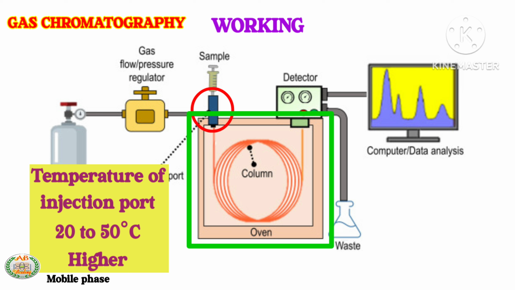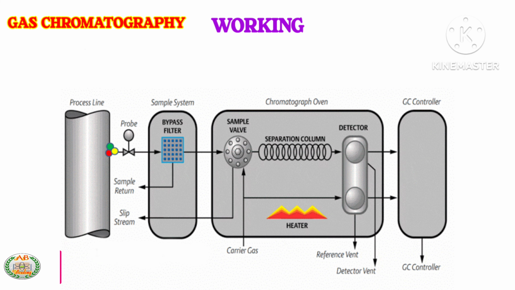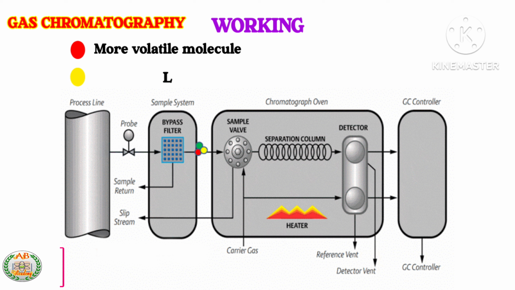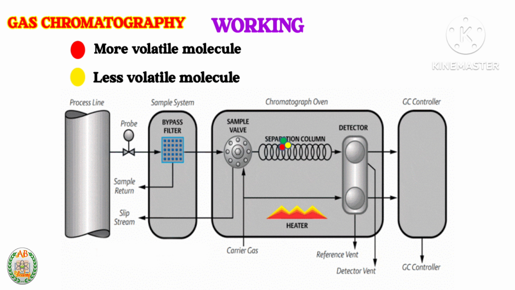Once the sample is volatilized, it passes down the column where the separation occurs. During analysis, the temperature of the column is kept between 150 to 300 degrees Celsius. Separation occurs based on the interaction of molecules between the mobile phase and the stationary phase.